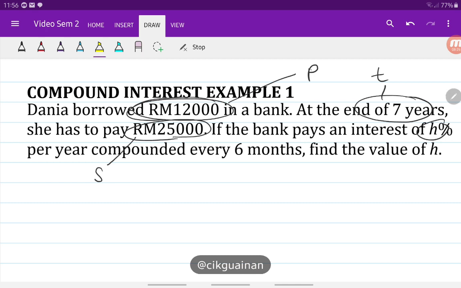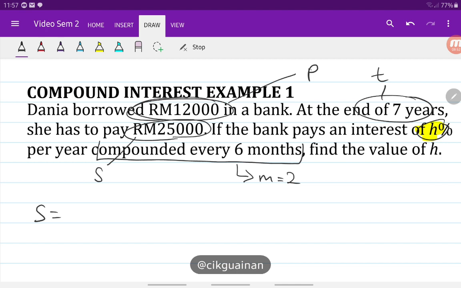This is what we want to figure out, clearly. Next, compounded every 6 months. Every 6 months, so in a year means what? From January to June, one time. From July to December, another time. So total 1 year, 2 times. So the m is 2.